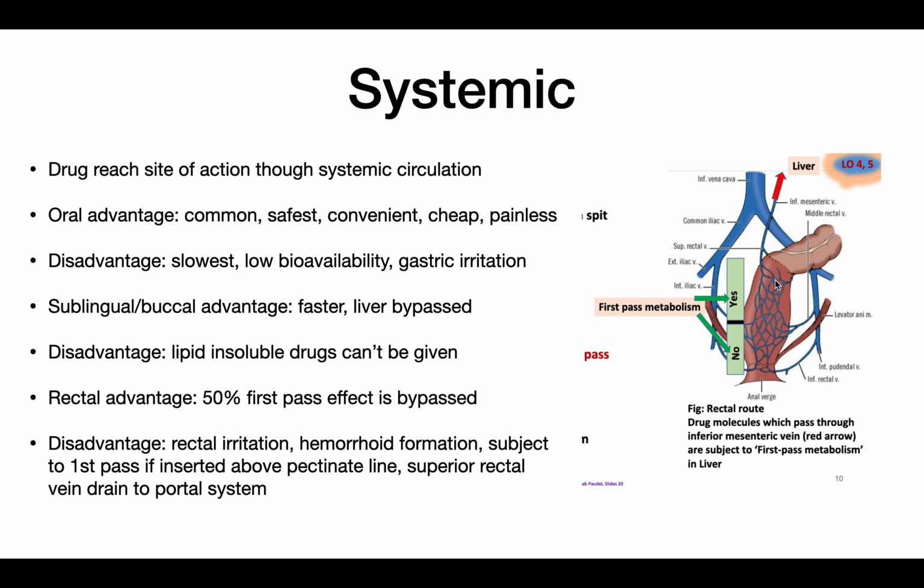If you go in too deep, above the levator ani, above the pectinate line, it will be subject to first pass metabolism. The problems are irritation and hemorrhoid formation over time, and you have to be pretty precise. You have to insert it below the pectinate line.